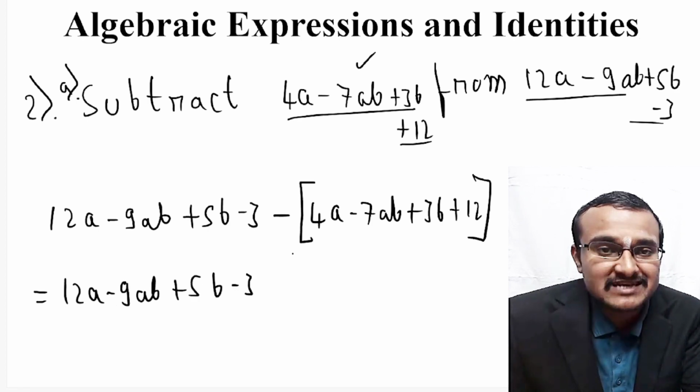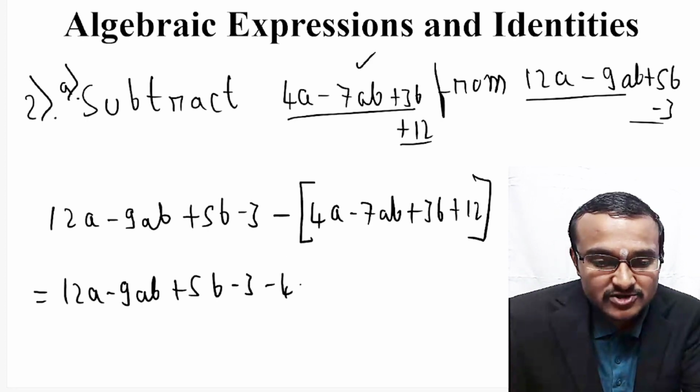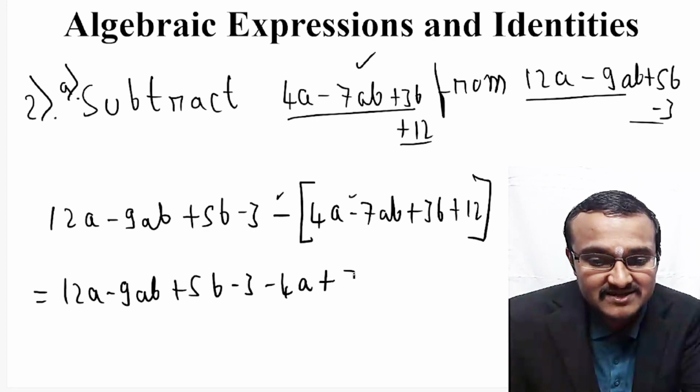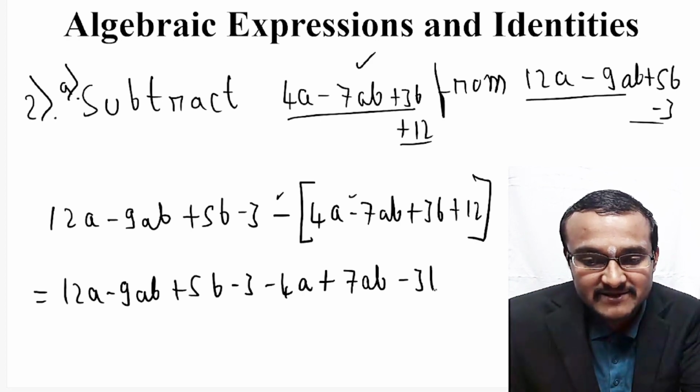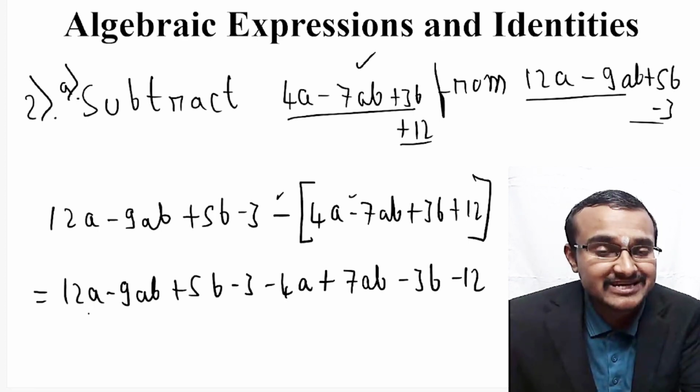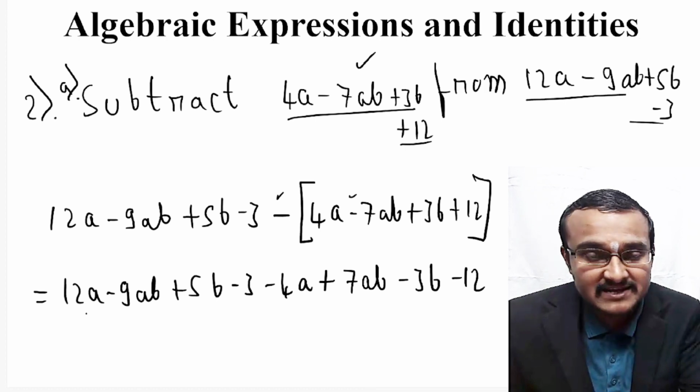So minus into plus 4A will be minus 4A, because minus into plus is minus. So here you should see minus into minus 7AB is there. So minus into minus will become plus 7AB. Minus into plus will be minus 3B, minus into plus will be minus 12. So now you can compare which two expressions have the same variables.